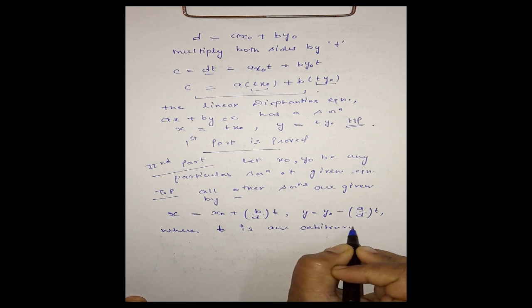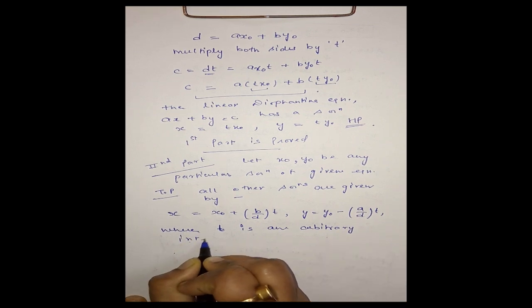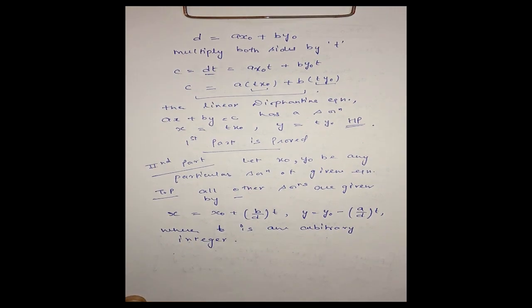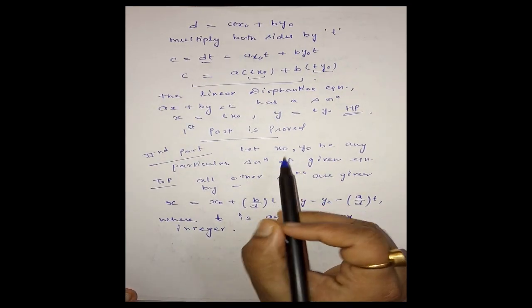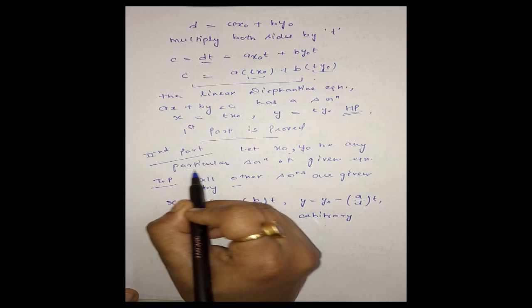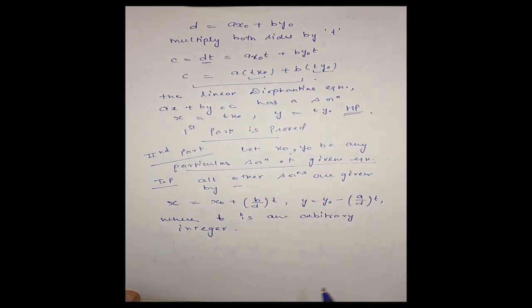Now we are going to prove this part. Okay, now x naught and y naught is one set of solution, a particular solution.